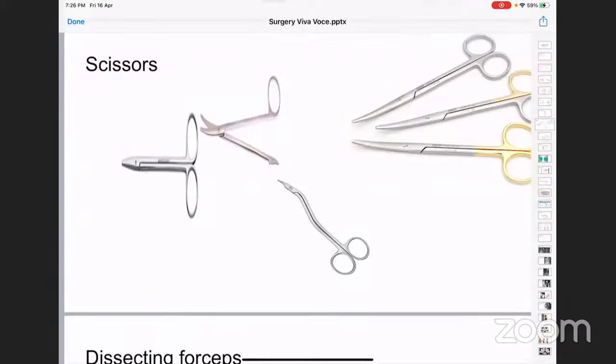Again, this is a good opportunity for you to pause and recollect the steps of an open appendectomy. After you have incised the skin at McBurney's point, you deepen the incision through the Camper's and Scarpa's fascia, and once you are done dissecting the subcutaneous tissue, what do you encounter? You encounter the external oblique aponeurosis, the glistening fibers.